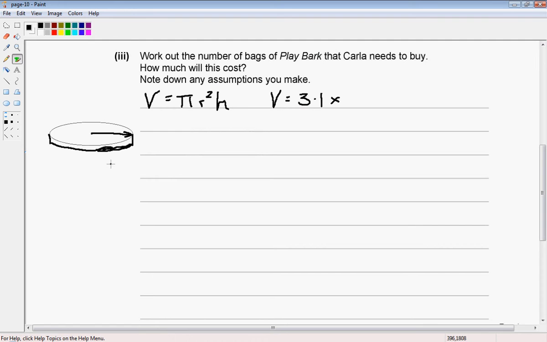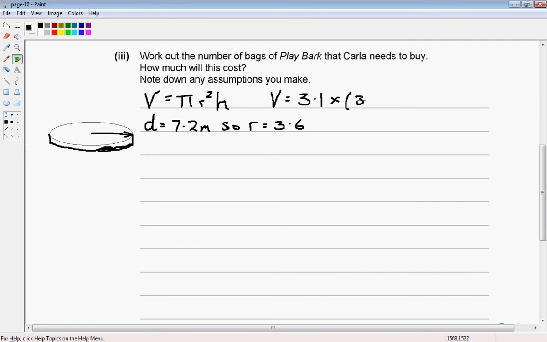Now on the previous question we knew that the diameter was 7.2 meters. Okay, so the radius will be half of this. Okay, so half of 7.2 is 3.6. You can do this on your calculator, it's just that I know this.